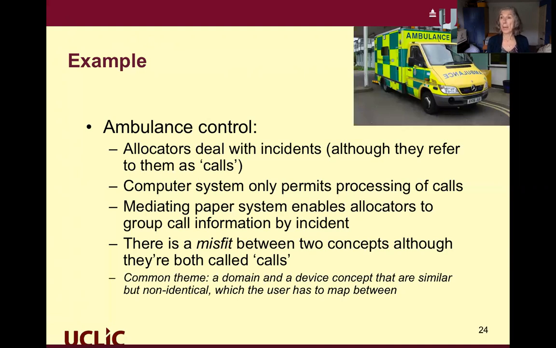There's a domain concept, what's actually happened in the real world, and a device concept, somebody phoning up, and the call record, that are similar but not actually identical. And the user, the allocator in the control room, has to map between those two kinds of entities.